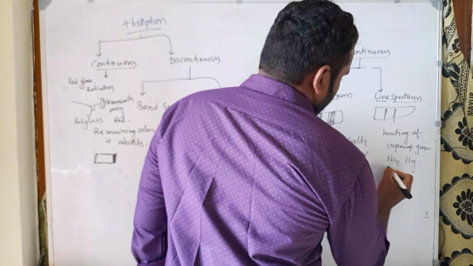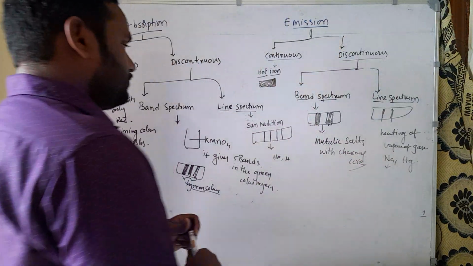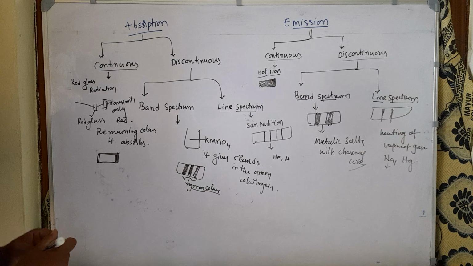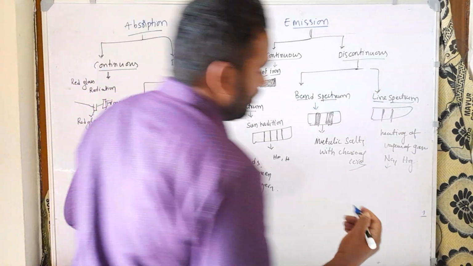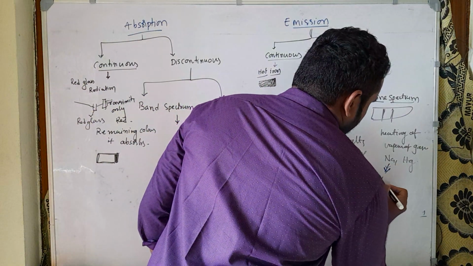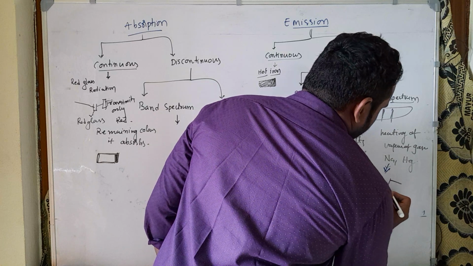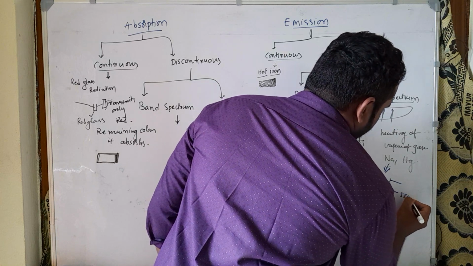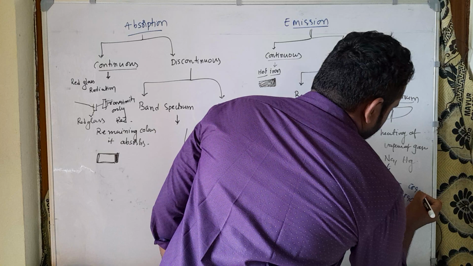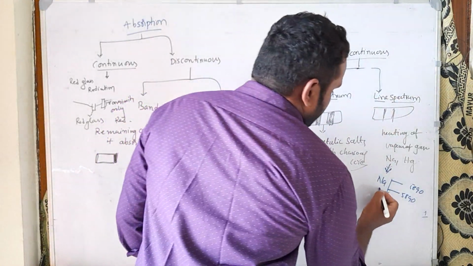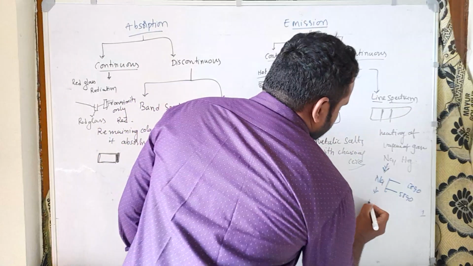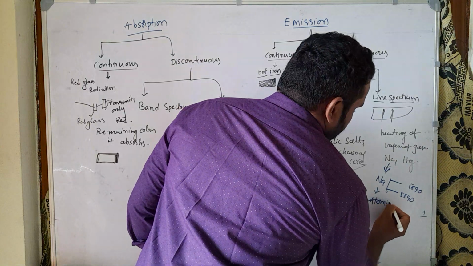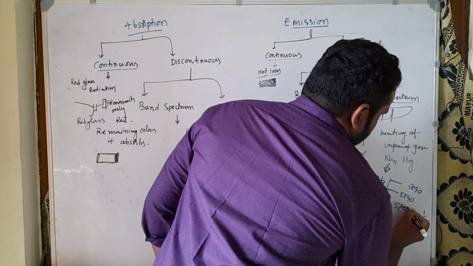For example, sodium vapor gives two lines at 5890 and 5896. This emission line spectrum is also called atomic spectrum.